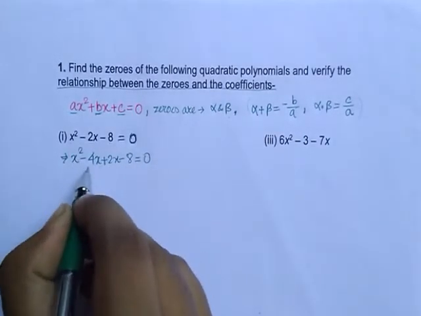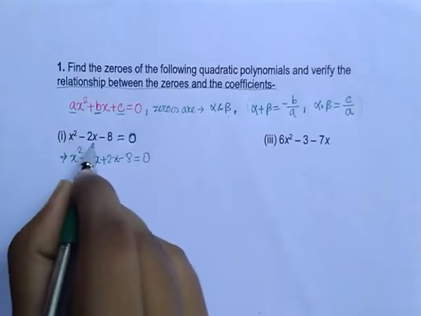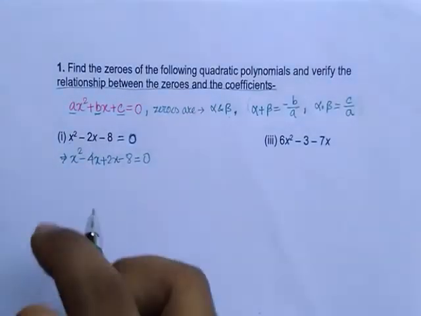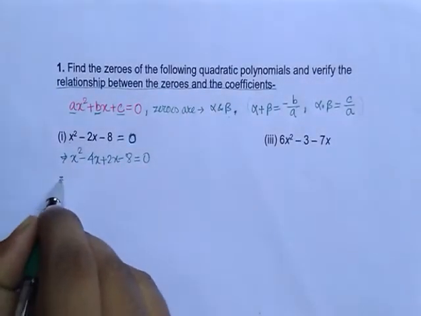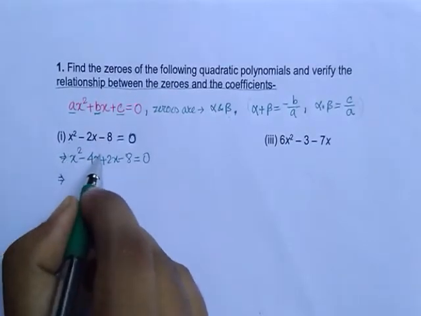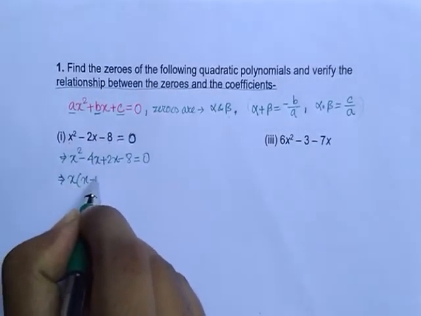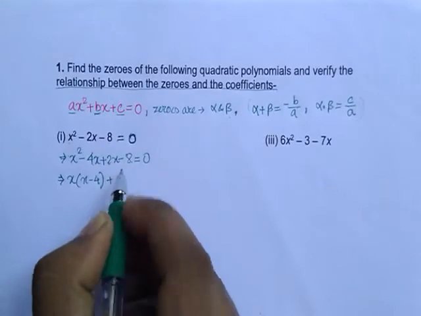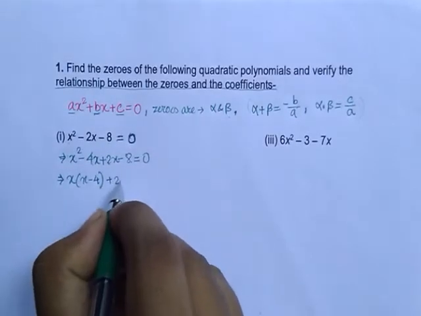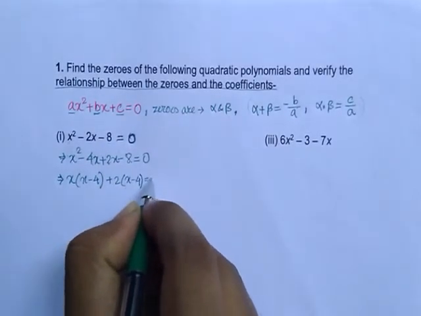Now minus 4x plus 2x gives us minus 2x. So it holds true. Now we will take x common from the first two terms, x minus 4, and we will take 2 common from the last two terms, x minus 4.